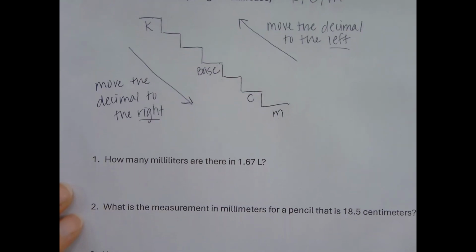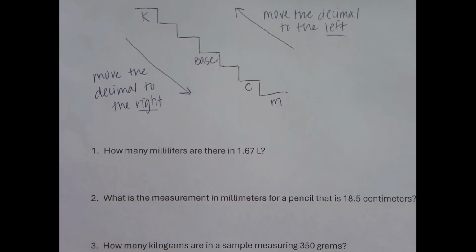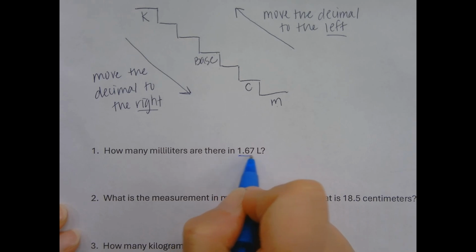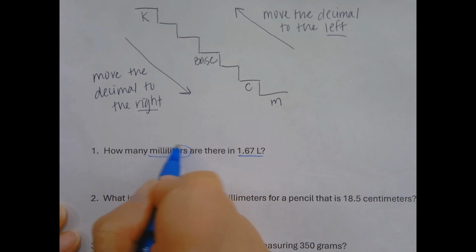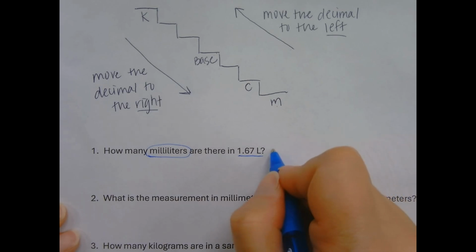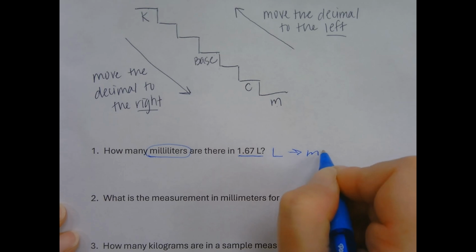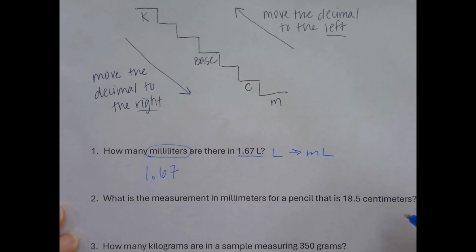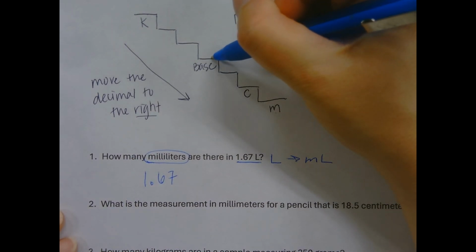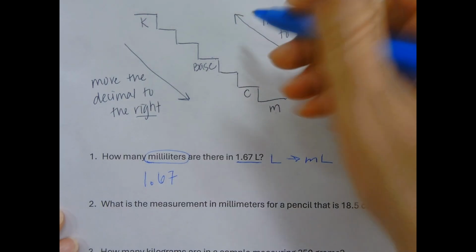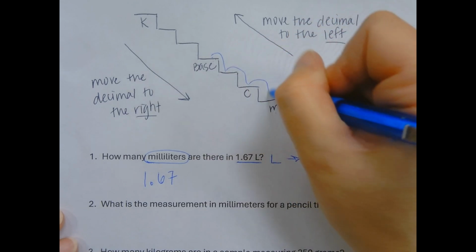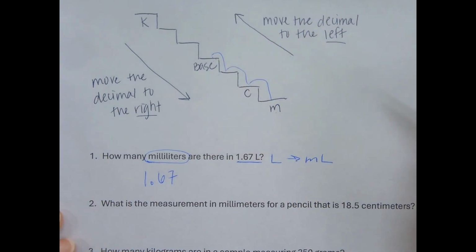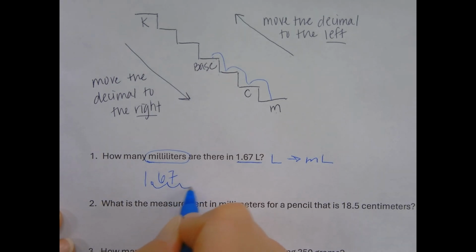Let's start with number 1. How many milliliters are there in 1.67 liters? I'm starting with 1.67 liters and I'm looking for milliliters, so I'm converting from liters to milliliters. I'm going to rewrite my number, 1.67. I'm starting at the base because liters is my base, and I'm going to climb down the staircase 1, 2, 3 times, which means I'm going to move the decimal 3 times. 1, 2, 3.